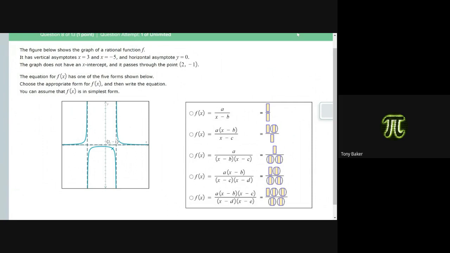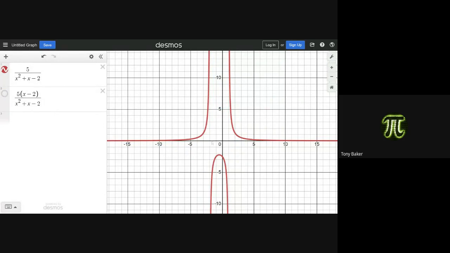Let me just do one up real quick. All right. So this one doesn't have an x-intercept, correct? It doesn't cross the x-axis, because the horizontal asymptote is 0, so it never actually touches there.